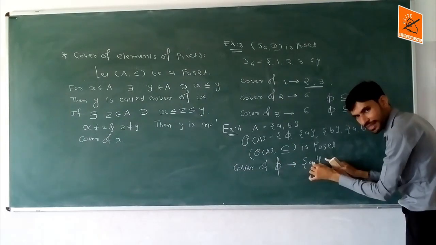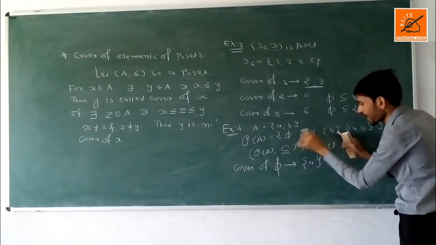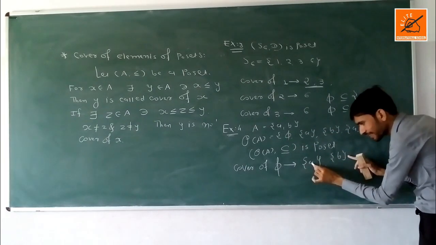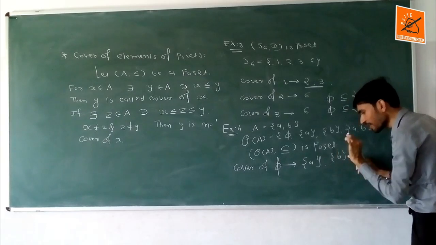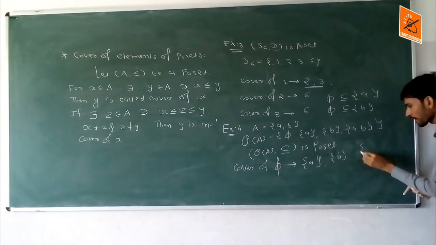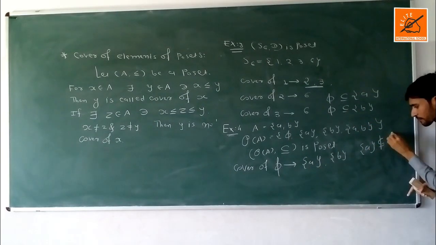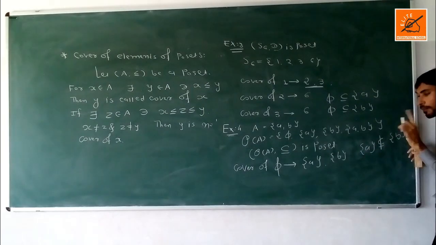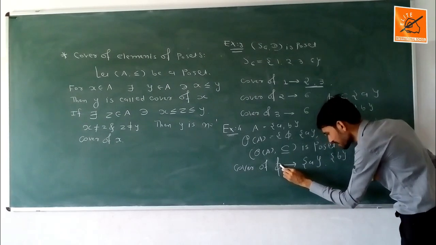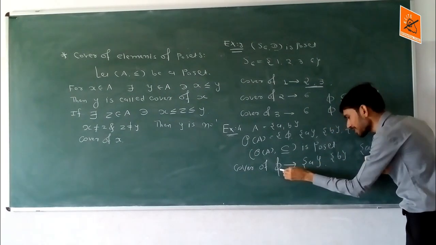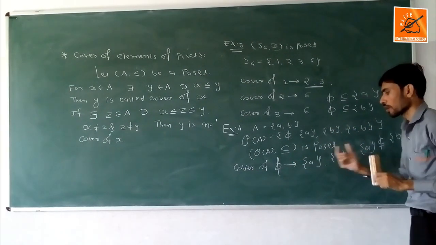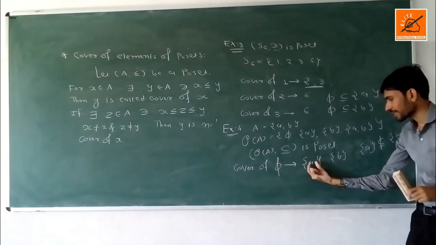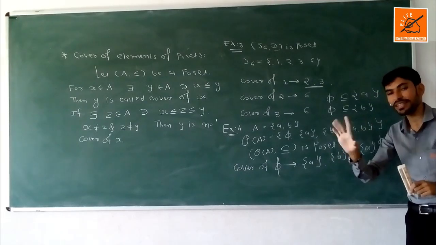Then observe, singleton {a} is not a subset of singleton {b}, so {a} is not related with {b}. But ∅ is a subset of {a} and ∅ is also a subset of {b}. So singleton {a} and singleton {b} both are covers of ∅, and they are not related with each other.